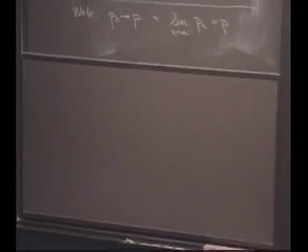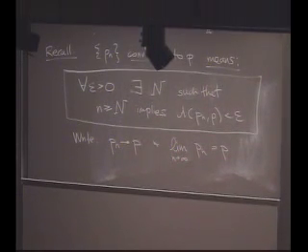You recall from last time we had a definition for what it means for a sequence to converge. So we say Pn converges to P if a certain condition holds. Okay, and what is it saying?